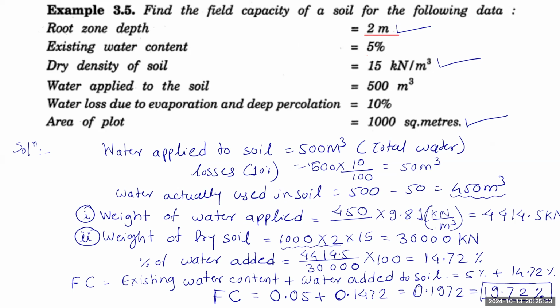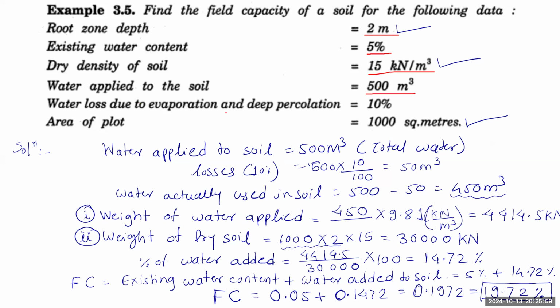Existing water content, that is the moisture content before applying irrigation, is 5%. The dry density of soil is given as 15 kilonewton per meter cube. Then see, the water applied to the soil, its volume is given as 500 meter cube.